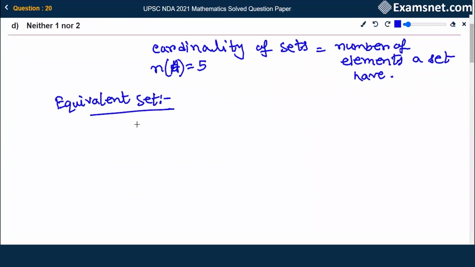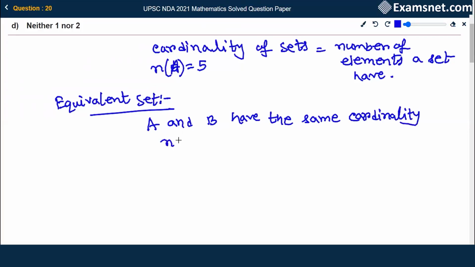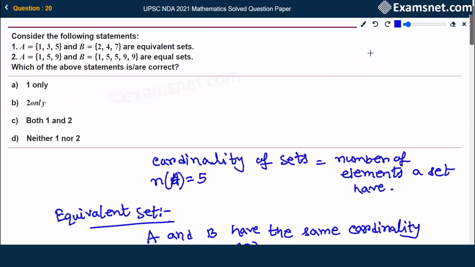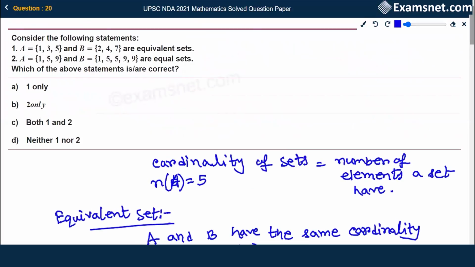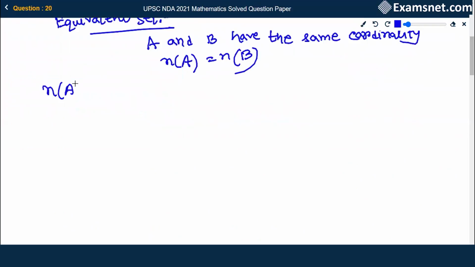Okay, so when two sets are called equivalent sets, that means A and B, say A and B are two sets, have the same cardinality. That means n of A equals n of B. If these two have the same cardinality, then A and B are called equivalent sets. Correct? So let's check here. There are three elements in A. That means n of A is 3.